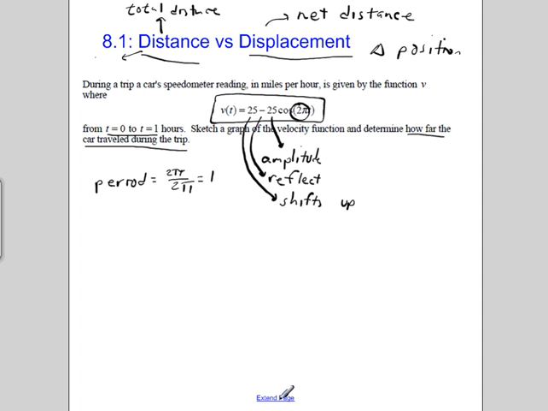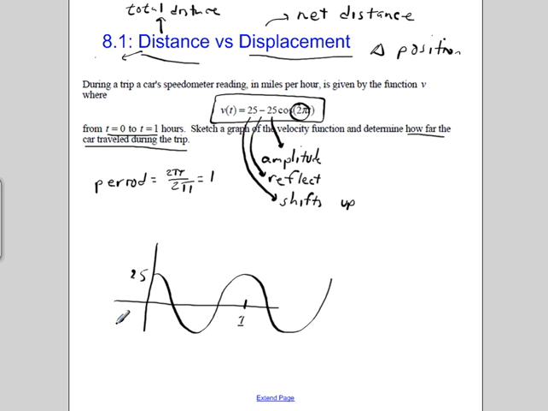So if we think about our typical cosine graph, where this cycle is usually 2 pi, now the cycle is just 1. And the 25 is going to make us go from 25 to negative 25.